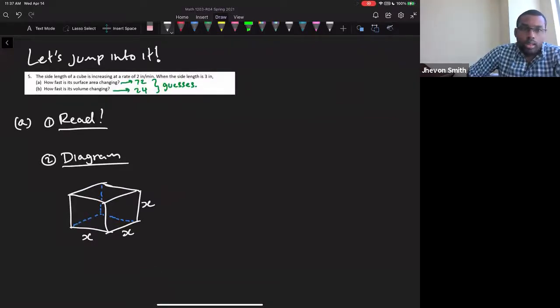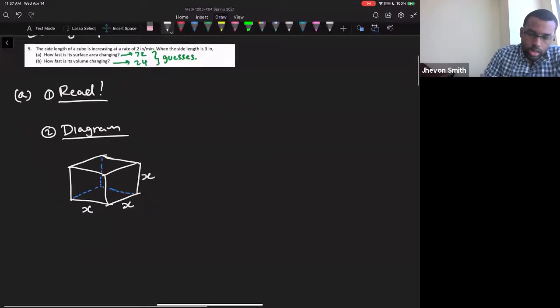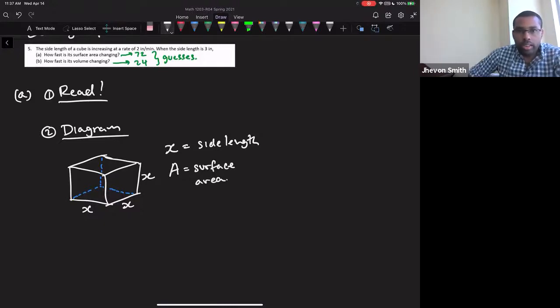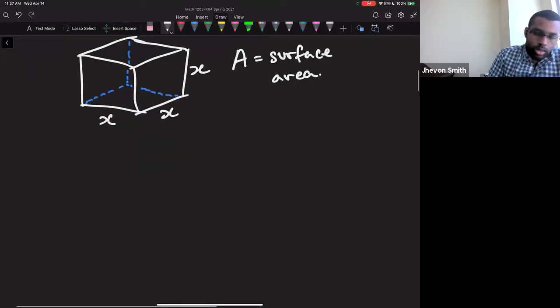So yeah, that is our diagram. Here, x equals side length. And what do we care about? A equals surface area, which you can't really see on the picture. That's a calculation that you have to do, right? So that's our diagram.